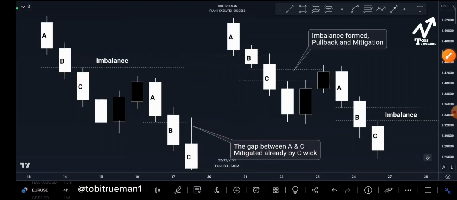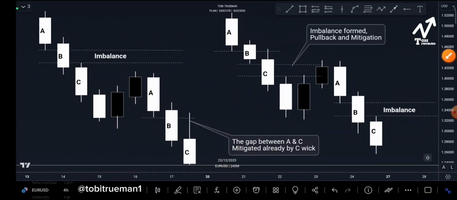Now we see that the gap between candle A and C is already mitigated.